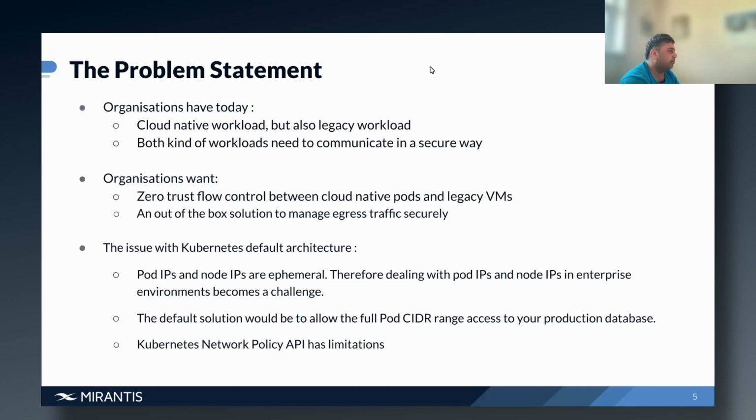Therefore, dealing with pod IPs and node IPs in an enterprise becomes a challenge, and it can lead to IP exhaustion as well. The default solution, and we'll explain this in a little more detail: using the network policy, you have to allow the full pod CIDR range to have access to a production database, which is the example we're going to talk through. That obviously can and does pose security issues.